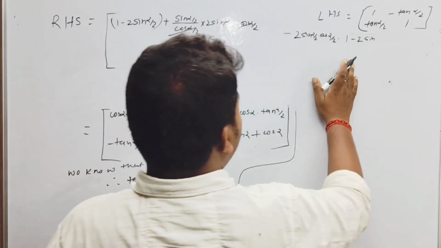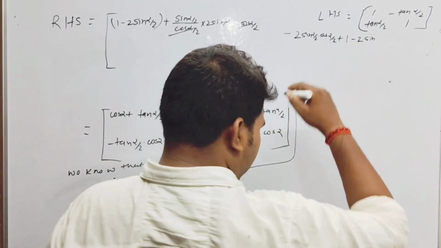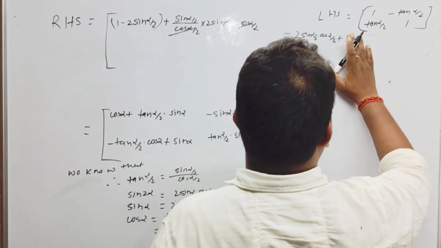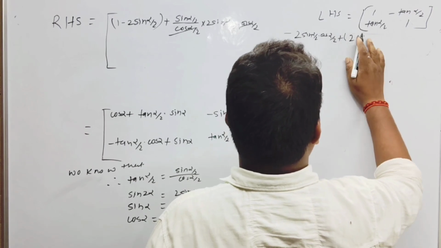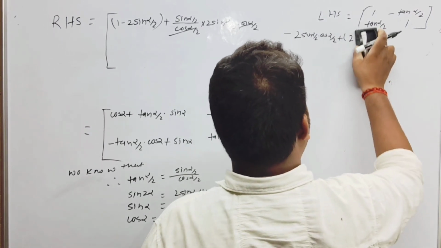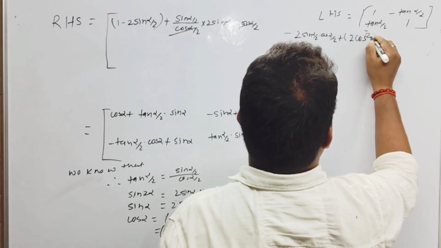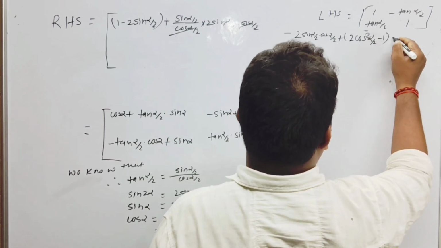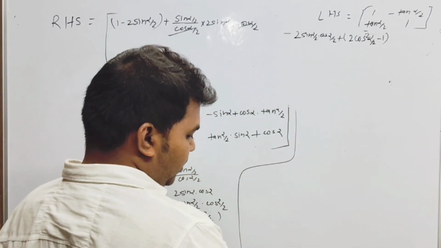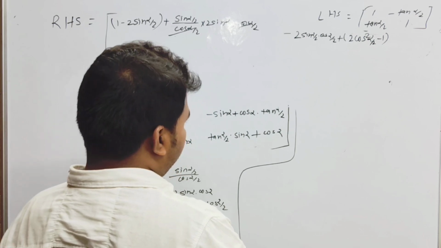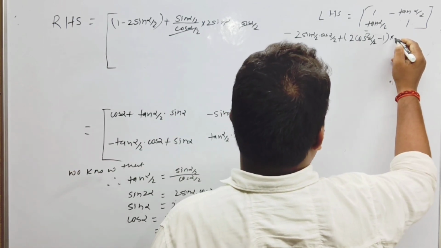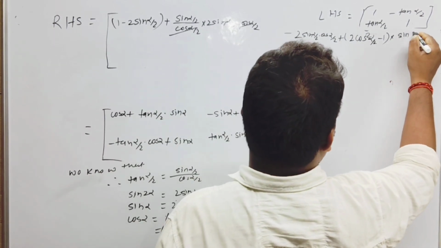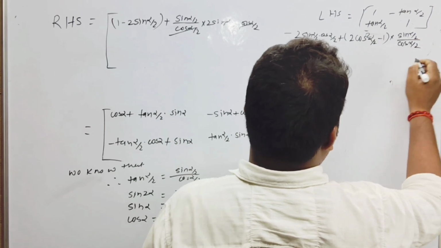Okay, then we can write this is minus plus, this is minus plus 2 cos square alpha by 2 minus 1 into sin alpha by 2 by cos alpha by 2.